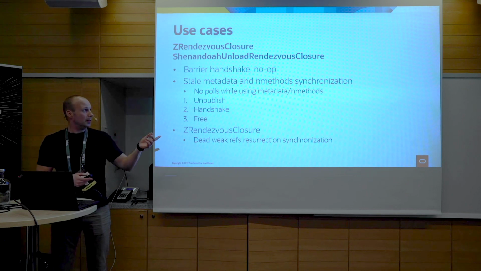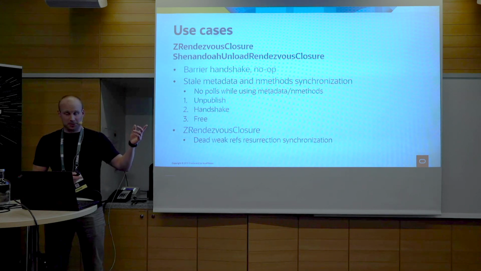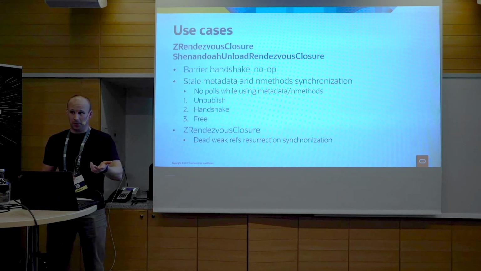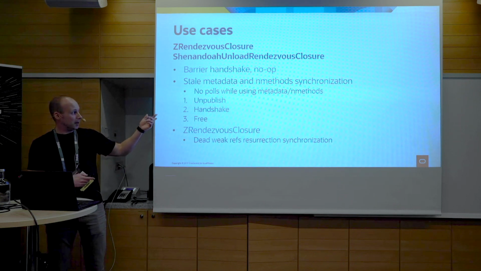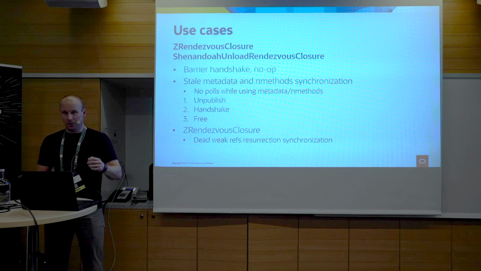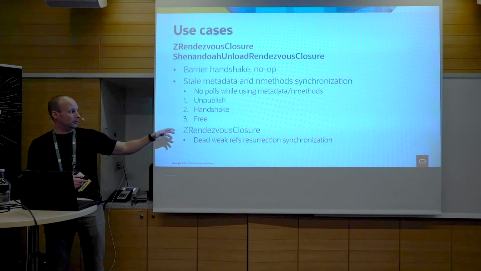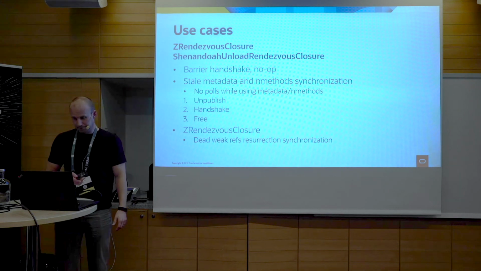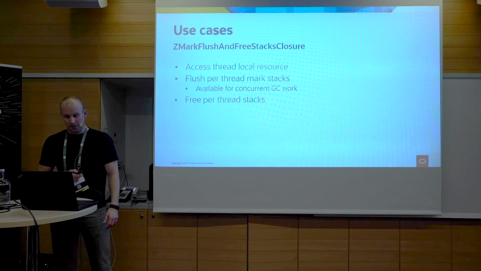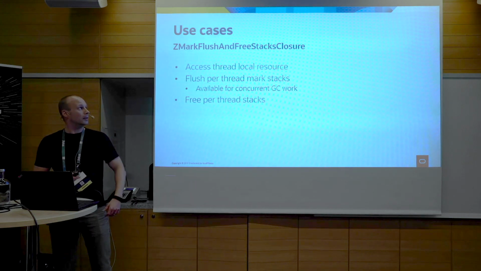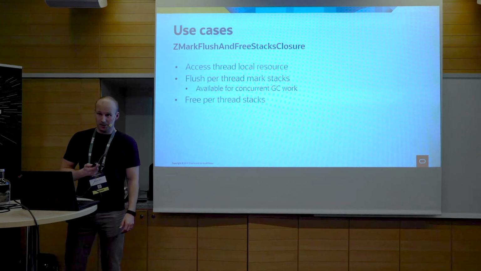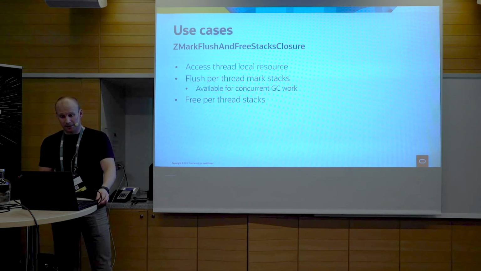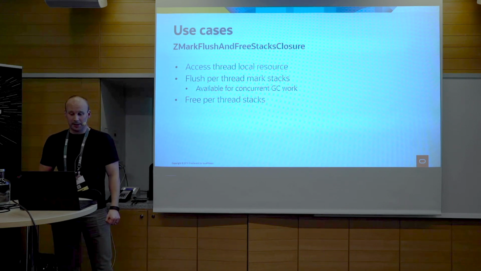By removing it from the code cache, so the code cache cannot give it out anymore, and then doing a handshake, after the handshake no one can have a reference to that nmethod, and we're safe to free it. And you have another ZGC handshake, which accesses the per thread mark stacks.